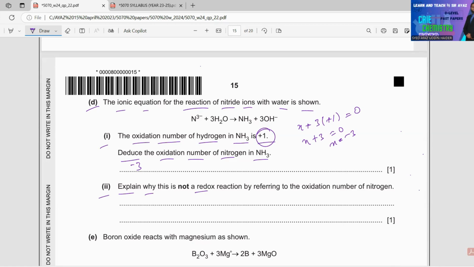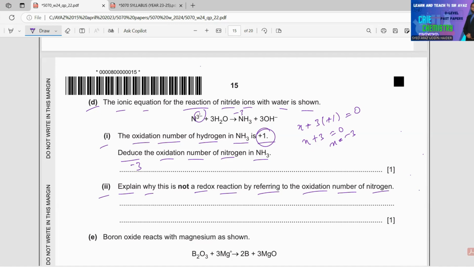Not a redox reaction by referring to the oxidation number of nitrogen. Look at the oxidation number of nitrogen. It's minus 3 here or 3 minus here. So it's not a redox reaction.